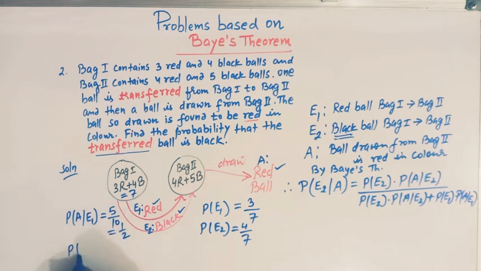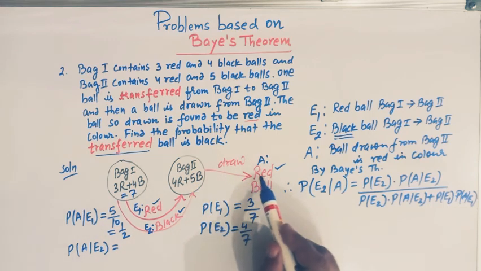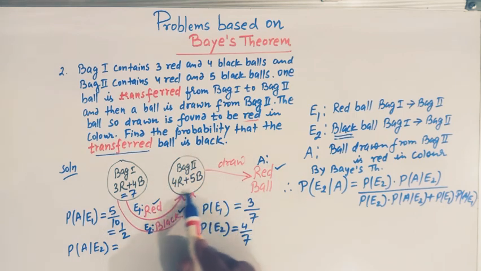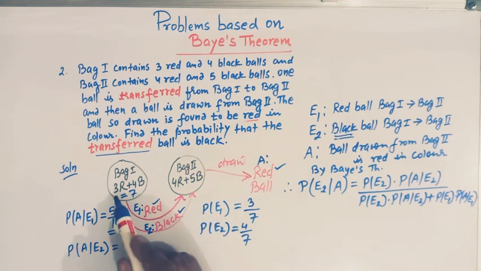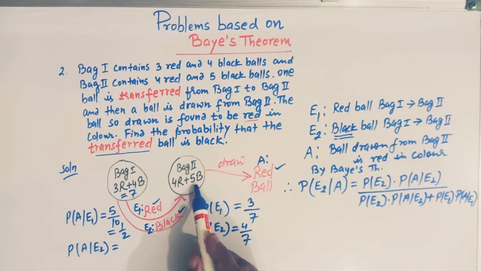And P(A|E2) means we have to find the probability of drawing a red ball from bag 2 when a black ball has been transferred from bag 1 to bag 2.